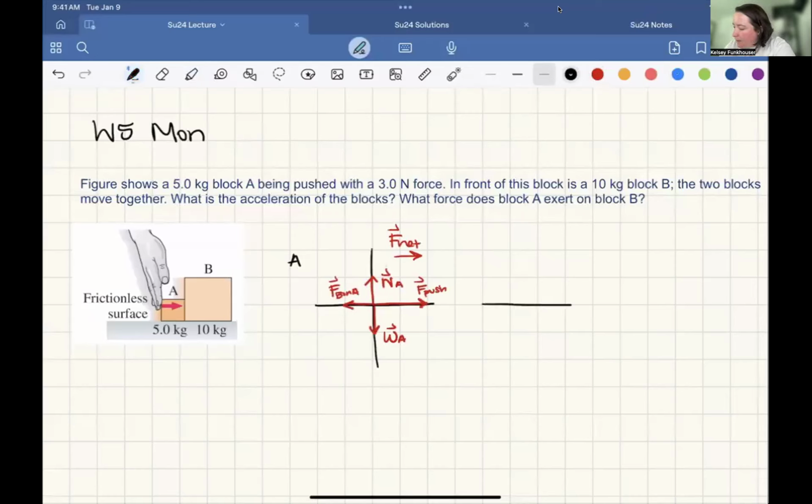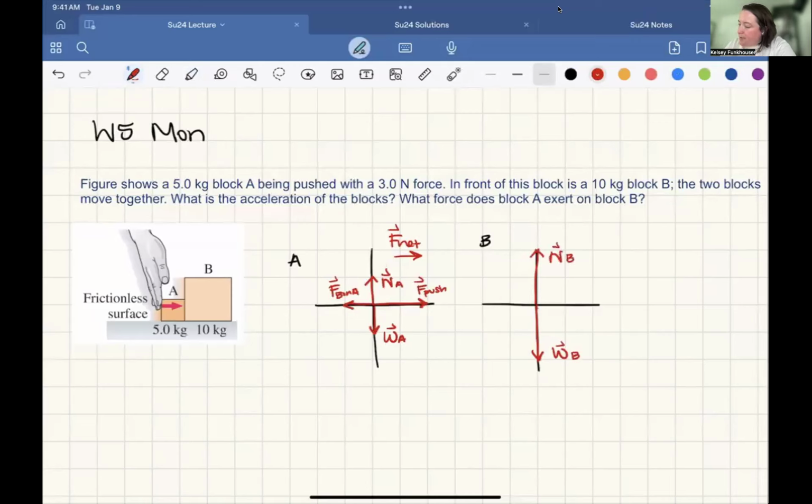And then block B. And again, we have a weight force. This one's bigger because block B is, well, maybe I should do it twice as big actually, because it's twice as massive. So weight B, and normal B should also be bigger because it's not accelerating through the floor.